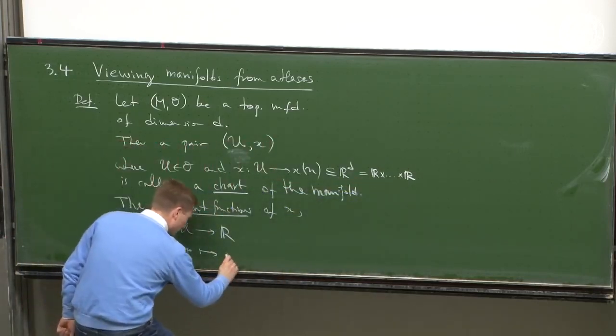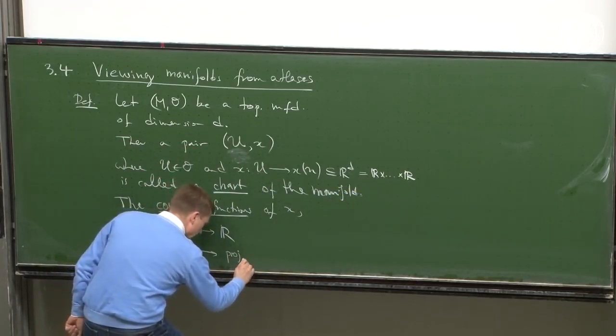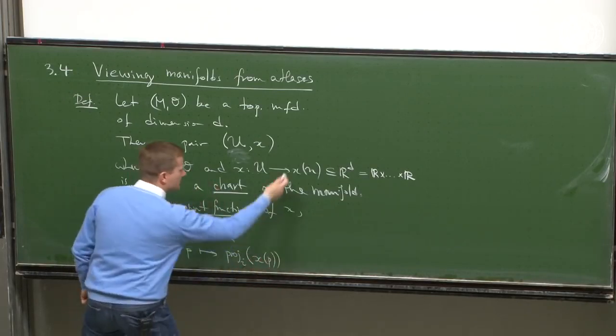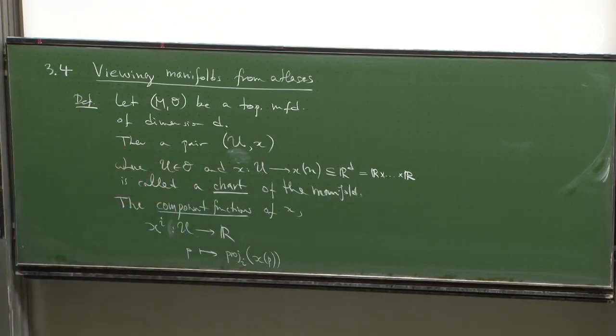So if you want to be very formal, you can say it's the projection to the ith component of the result of the application of X. So you only look at the ith component of this.